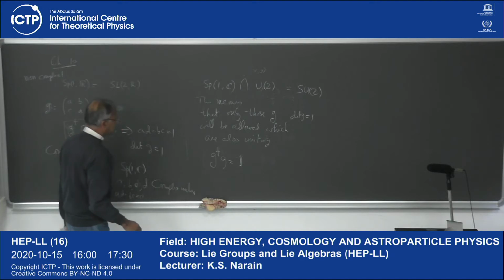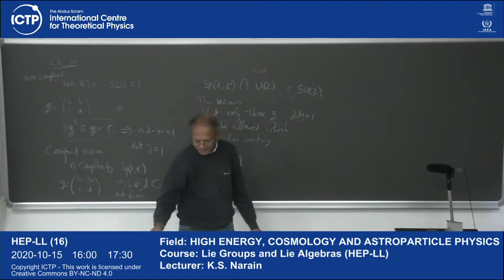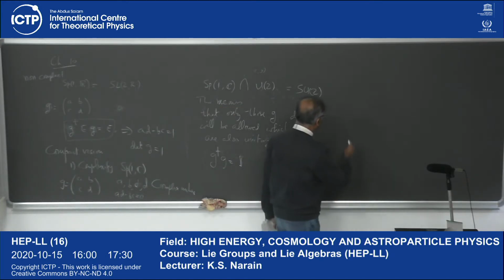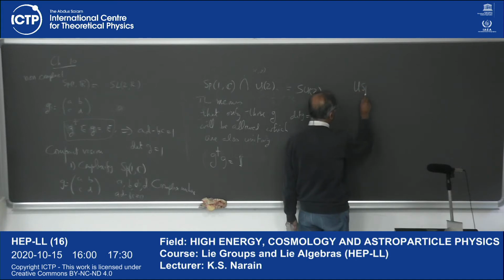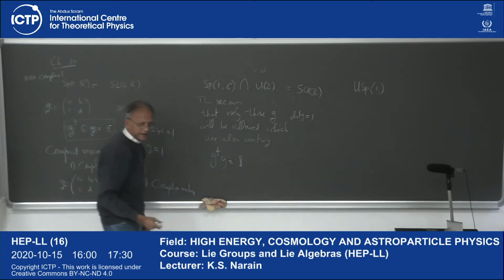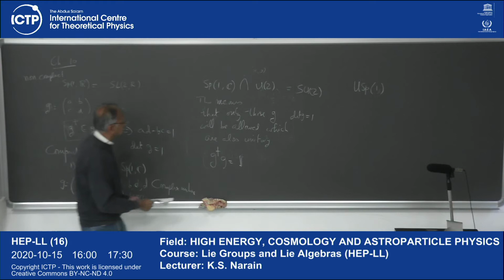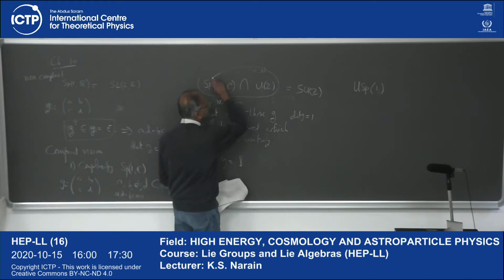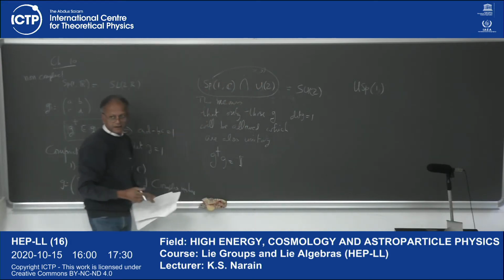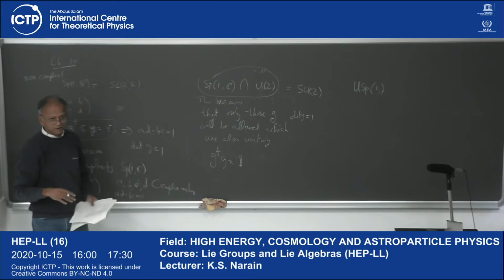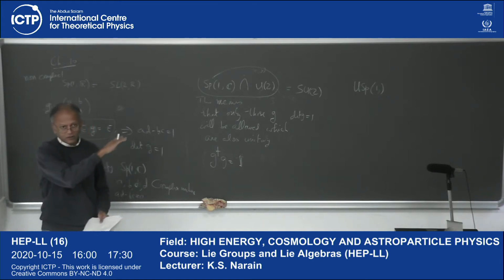In these lecture notes we don't use this notation, but usually people write it as USP1. So this is the unitary version of the symplectic group, which is nothing else but this guy. So we find that the compact version of SP1, this is what is called the compact version.